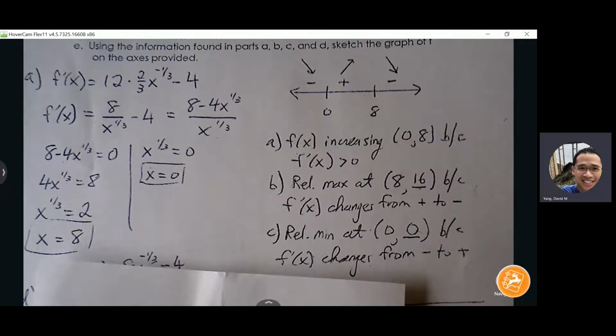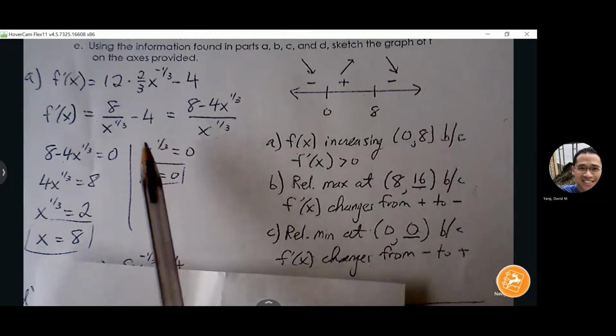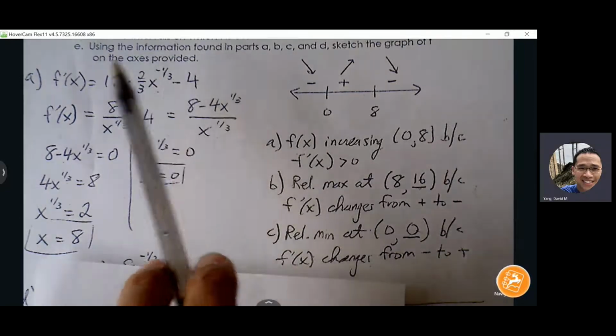Okay, next part, finding f double prime. So we can take our f prime, find the second derivative.